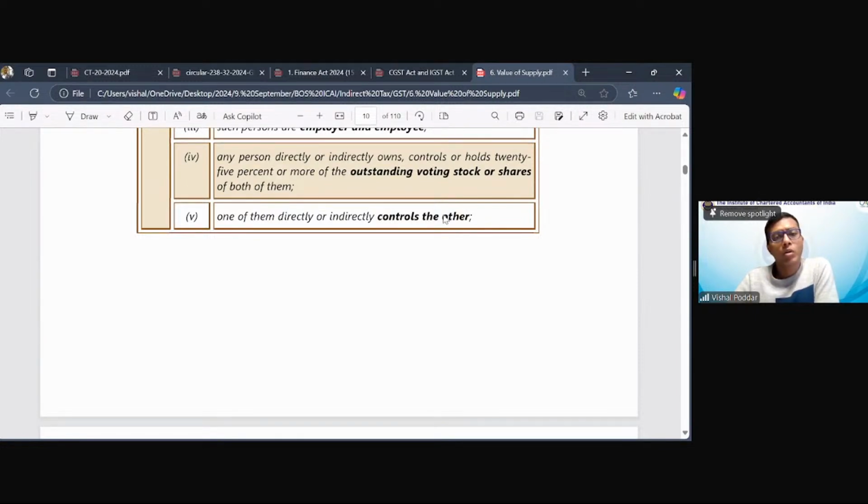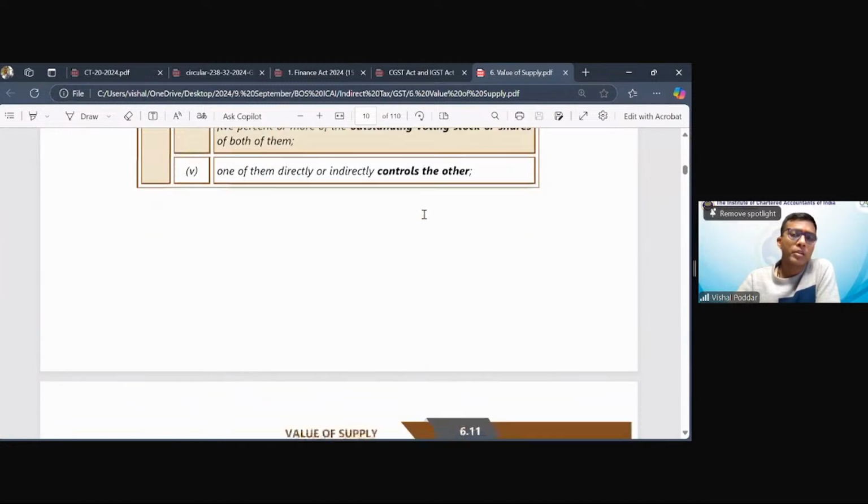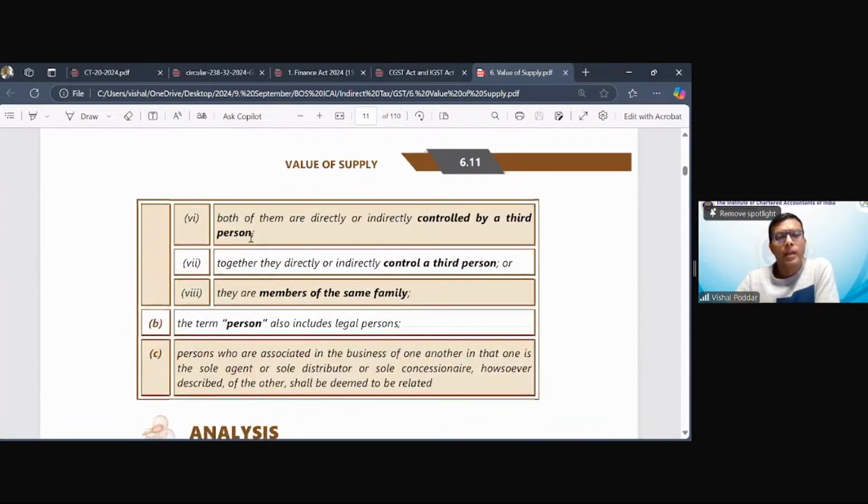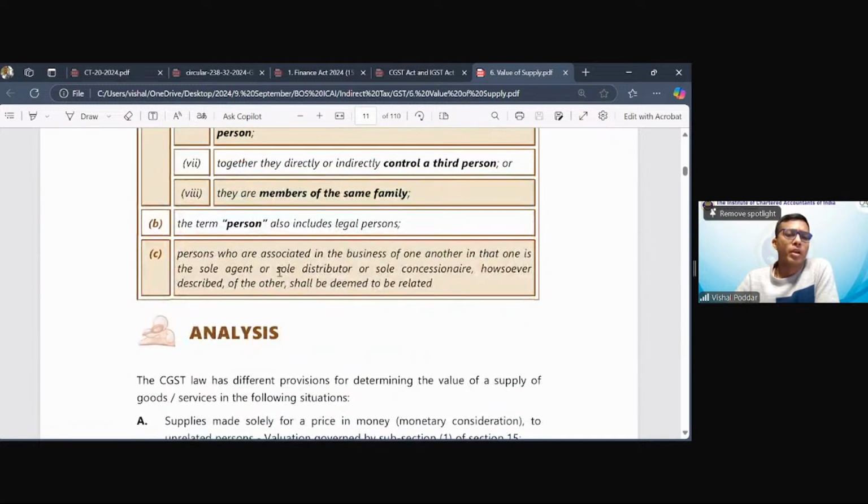Now, here the control is not through shares. Why? Because that is already covered over here. Here, the control is by controlling the board of directors, influencing the decision making. That is how they mean control. Then both of them are controlled by a third person, or together they control a third person, and finally they are members of the same family. Now, what is family over here? That is also defined.